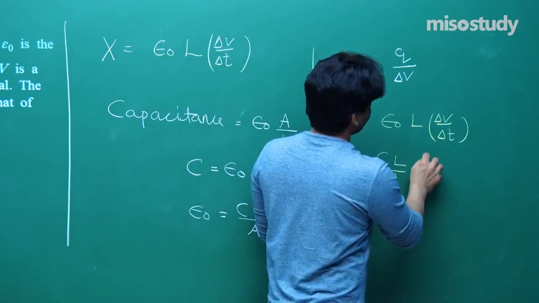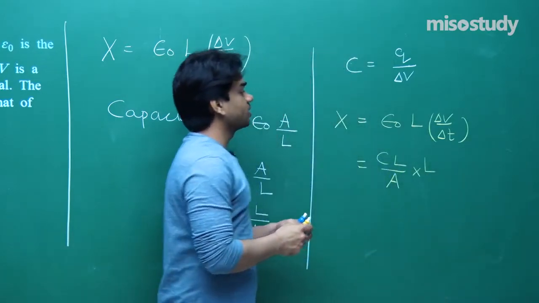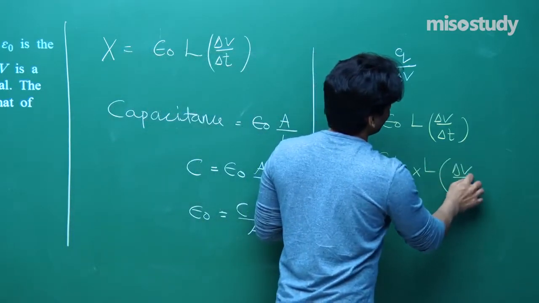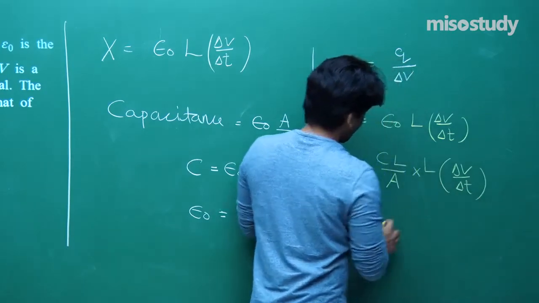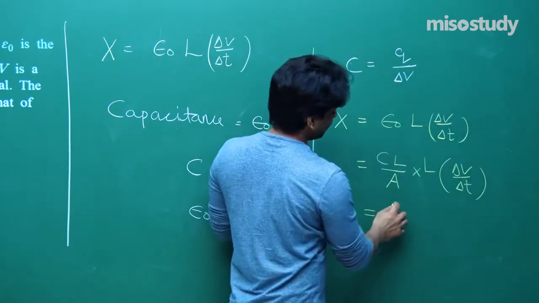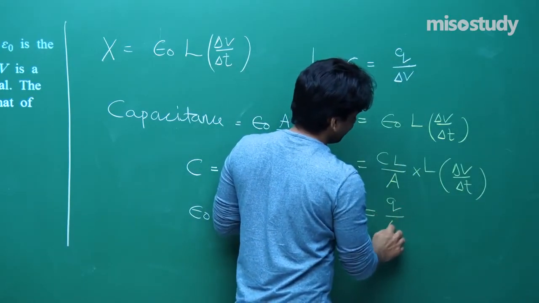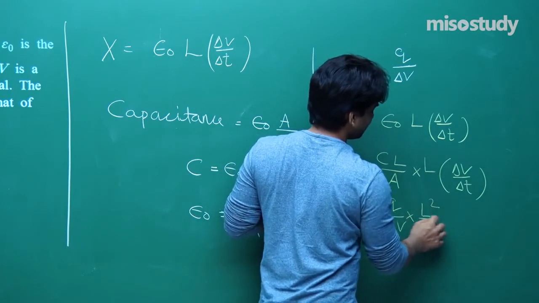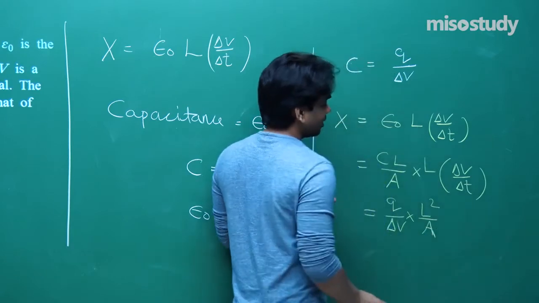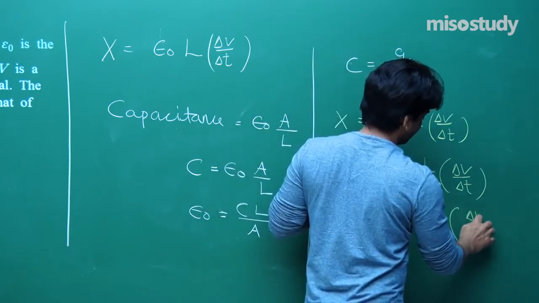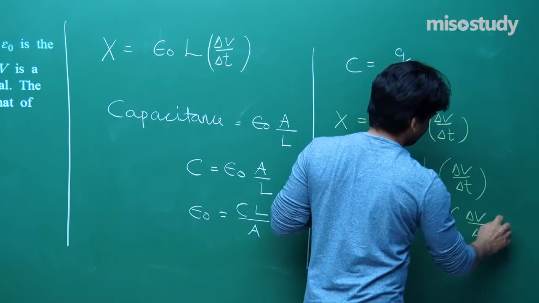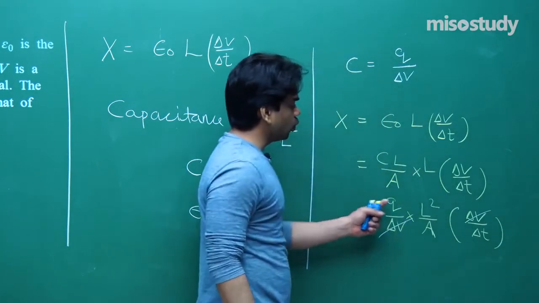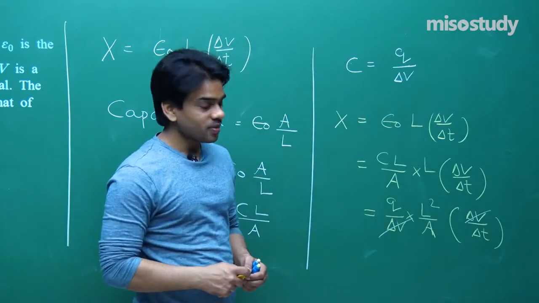And L multiplied with delta V by delta T. Now from here, C you write as Q by delta V, so you will have Q by delta V and L by A, so L square by A, and then again delta V by delta T. So delta V and delta V cancel out, and we will have QL square by A delta T.